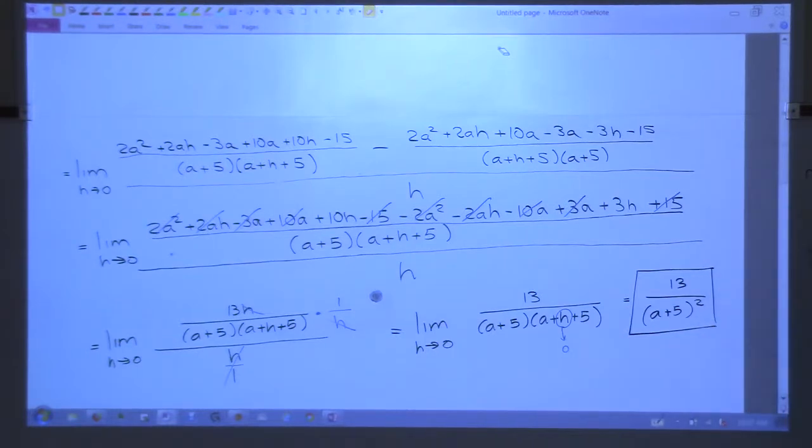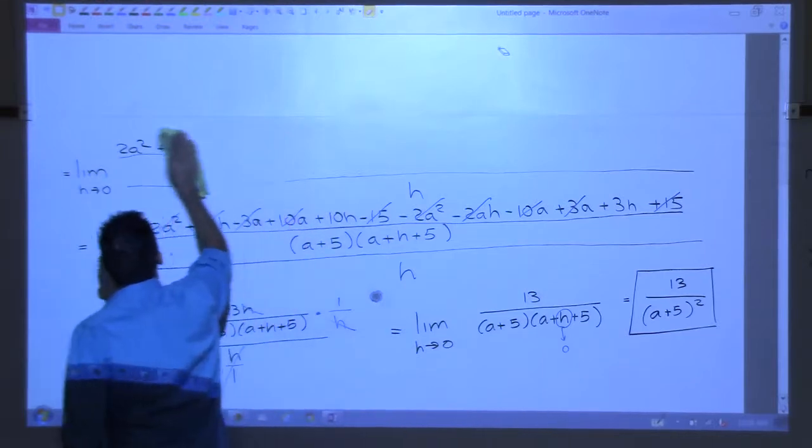There it is. This is the slope of the tangent line at any given value a, right?